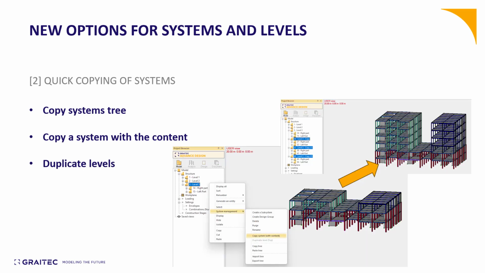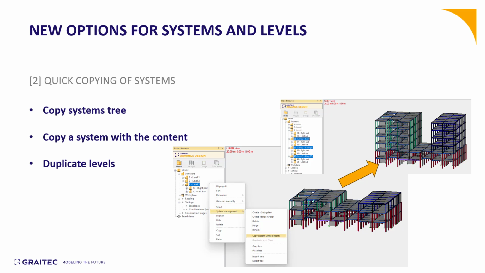The second new option related to systems are in fact three new commands and are mainly useful for easy modeling of multi-story buildings. The first command allows for easy copying the system tree, useful when we want to have the same subsystems on a new level as previously defined for another level.